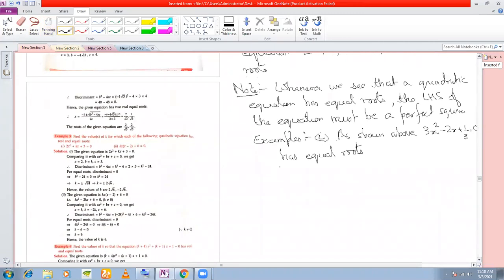So therefore, we start with this. Therefore, 3x square minus 2x plus 1/3 is equal to 0. Now I'll show you that 3x square minus 2x plus 1/3 is nothing but a perfect square.